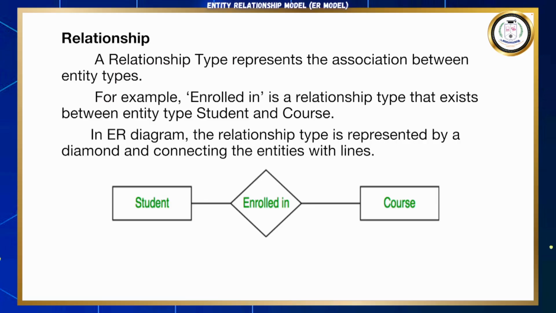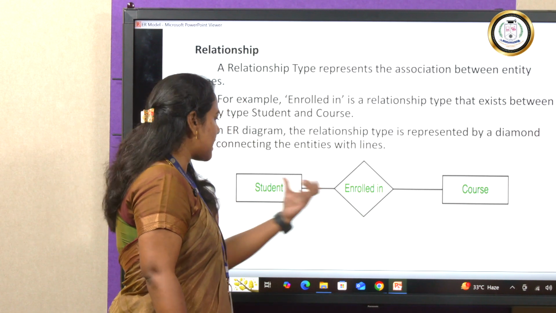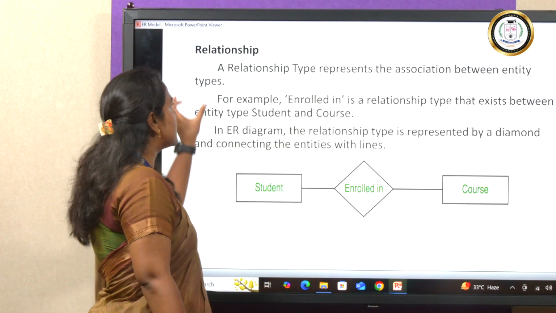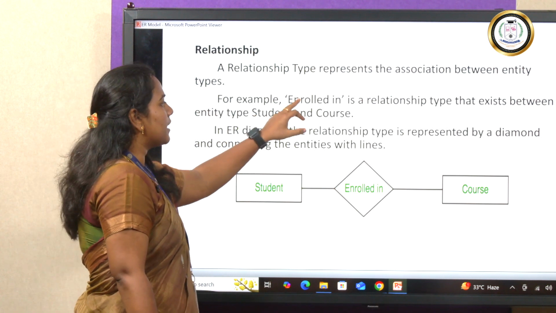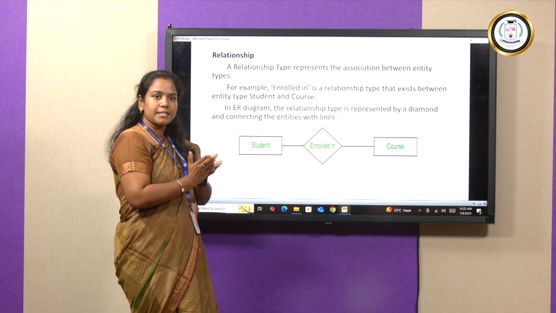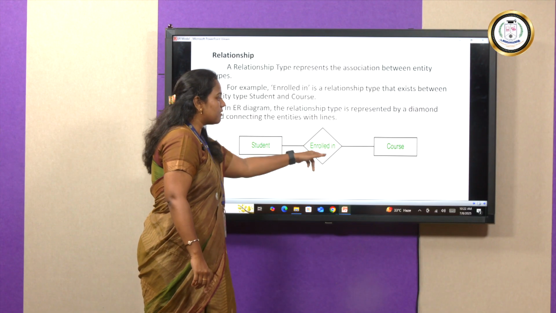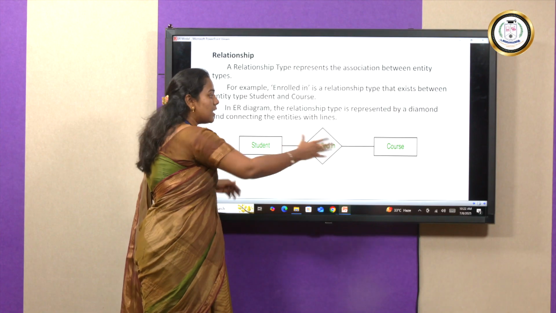So the connection between a student and a course is made by the relationship enrolled in. Enrolled in is a relationship which connects two different entities. If we need to declare any relationship between the entities, we declare it inside a diamond symbol. The diamond symbol represents the relationship between the entities.